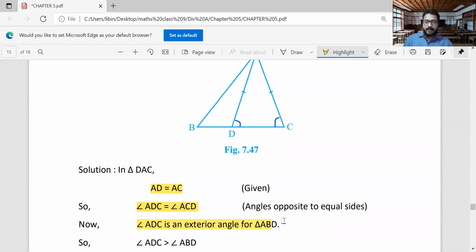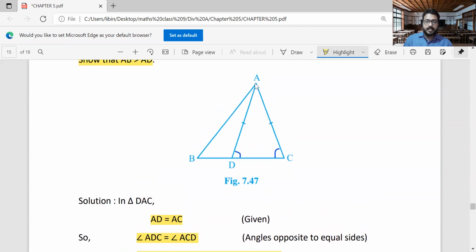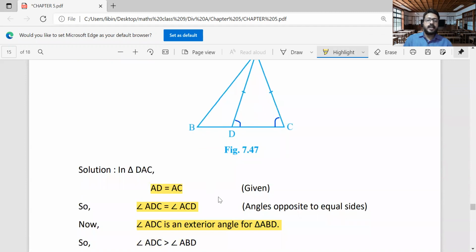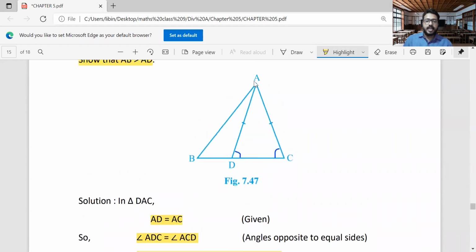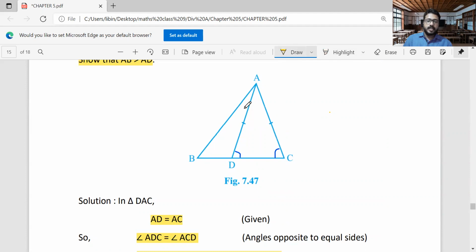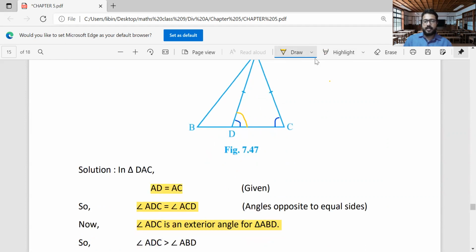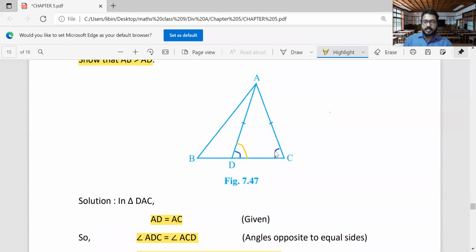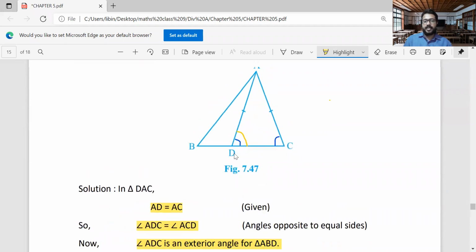Now what can we say? Angle ADC is an exterior angle of triangle ABD. Clear? Fine. Which means angle ADC is greater than angle ABD.